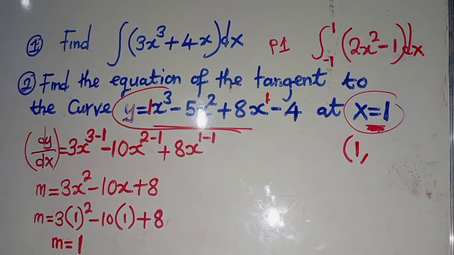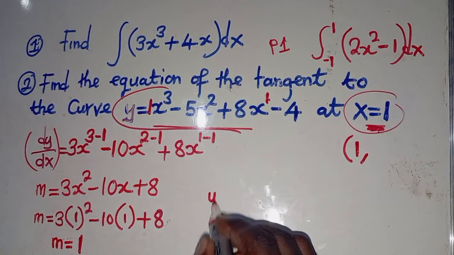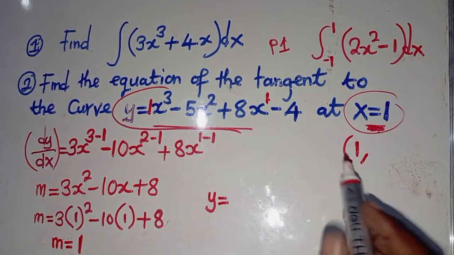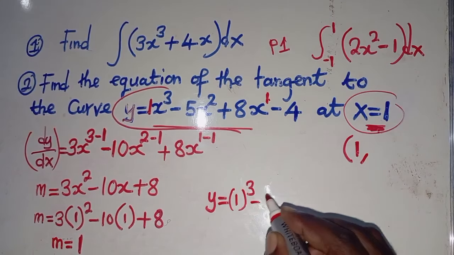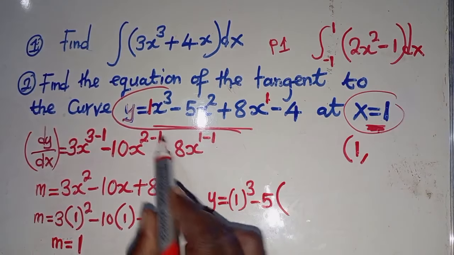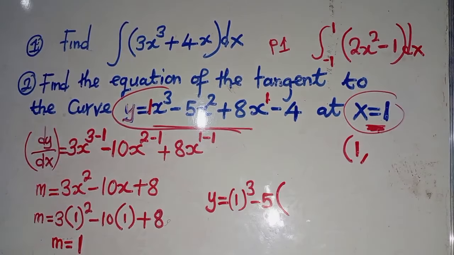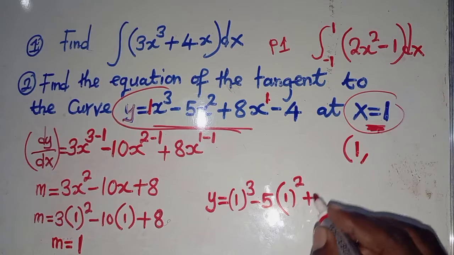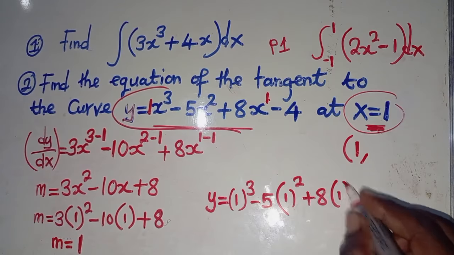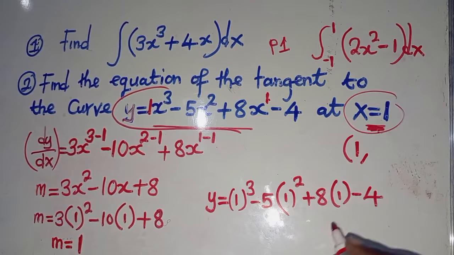We don't know. We substitute. y is equal to, where there is x, you put 1. So 1 cubed minus 5 times 1 squared plus 8 times 1, then minus 4.